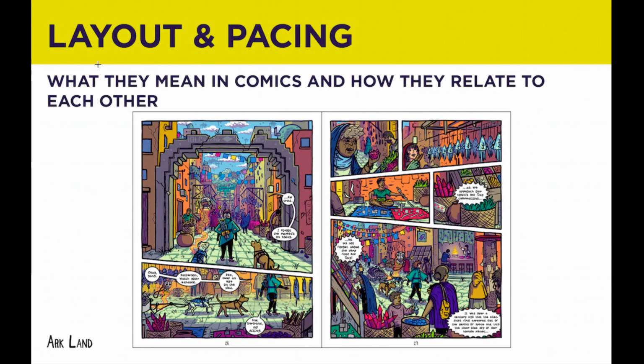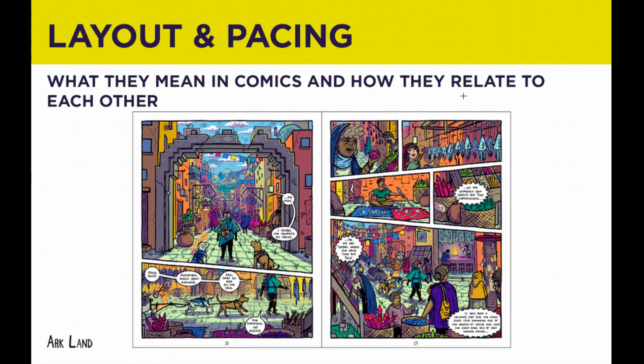So, layout and pacing. What do we mean by that? Right off the top, layout, we're generally talking about the composition of panels on a page, the shape of those panels, the size, the number of panels per page, and general layout of artwork within those panels, as well as word balloons and text use within those panels.